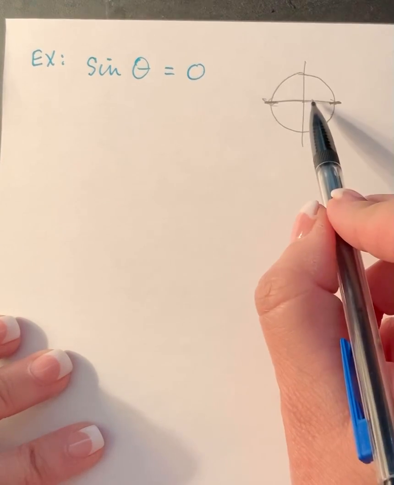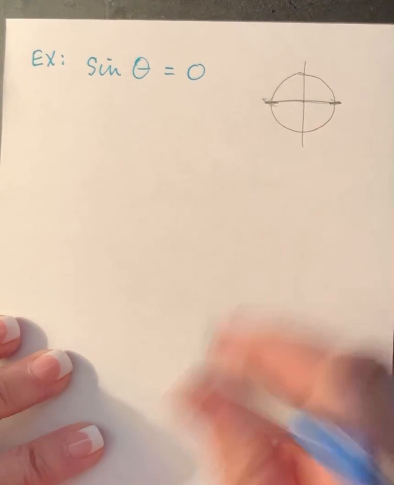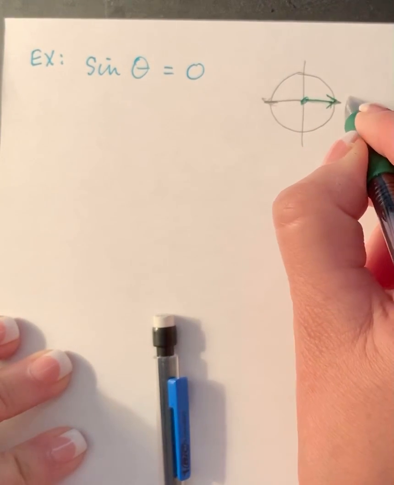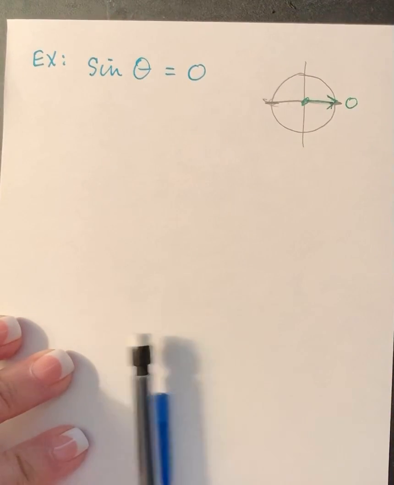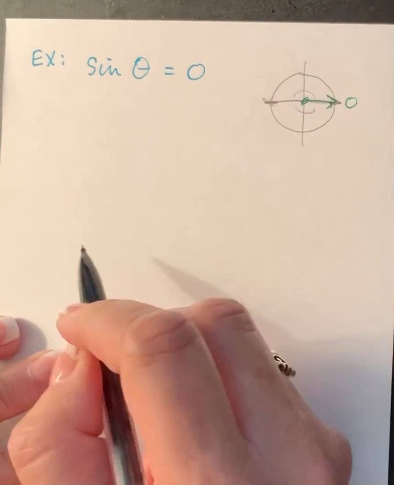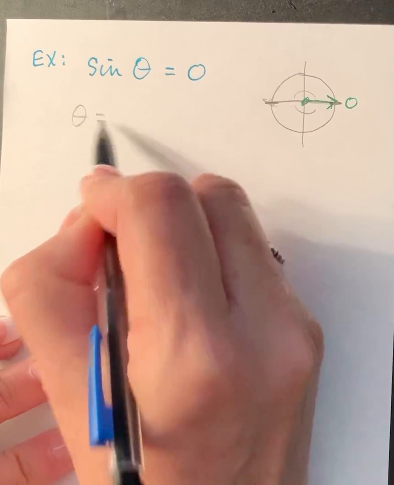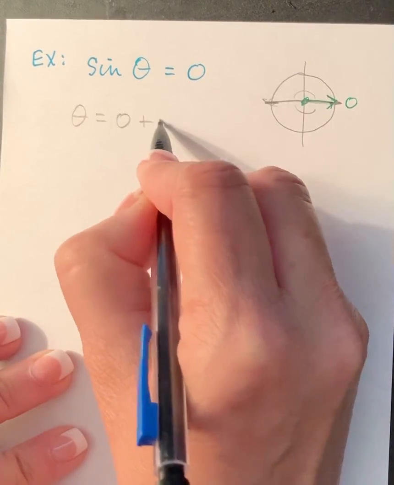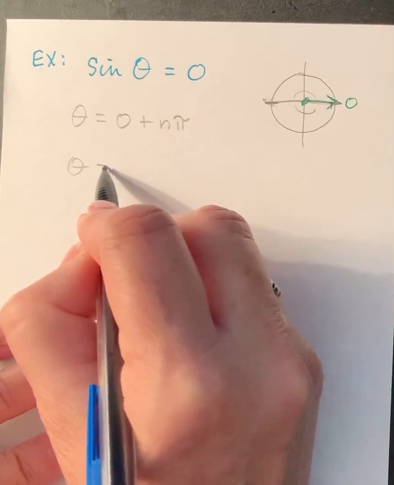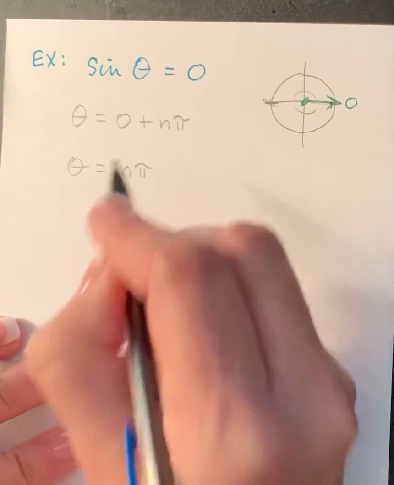So basically they're spaced pi apart. So I can just use the smaller one, which is 0, and add multiples of pi to keep getting more answers. So for this one, I can say theta is equal to 0 plus n pi. That's going to be multiples of pi. So theta is equal to n pi.